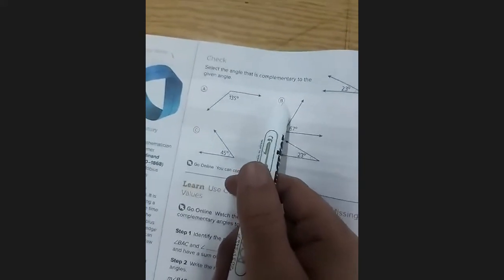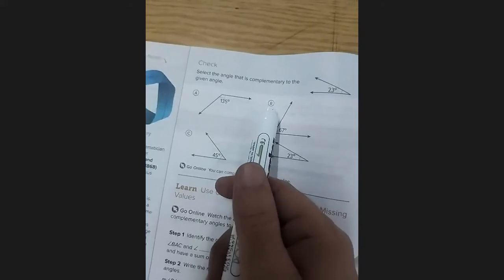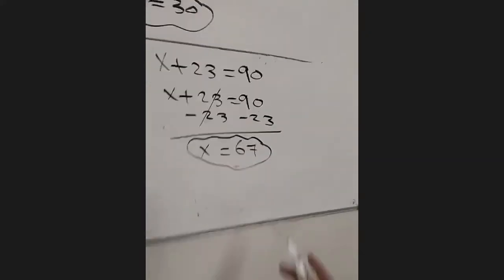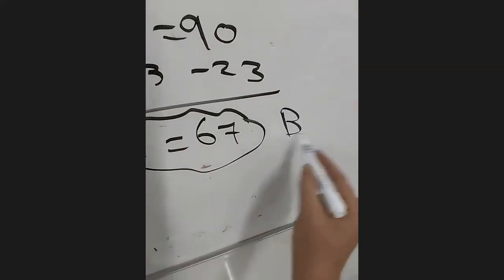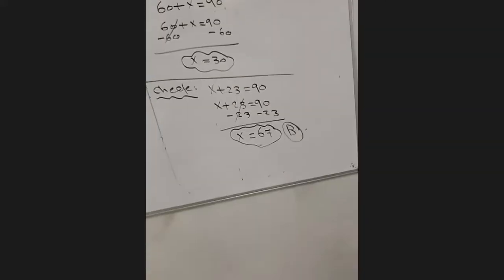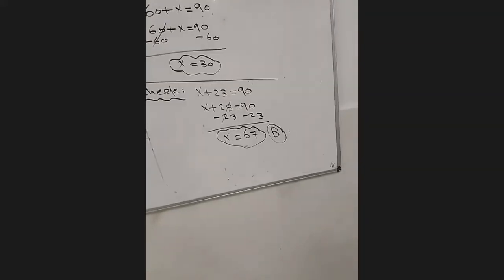Now, guys, write the equation and solve it under the question here, so you know how we found it, and then select the answer. So it is answer B. This is the check, page 404.